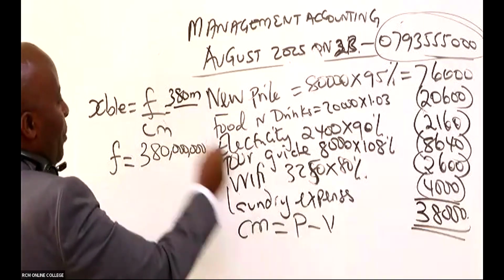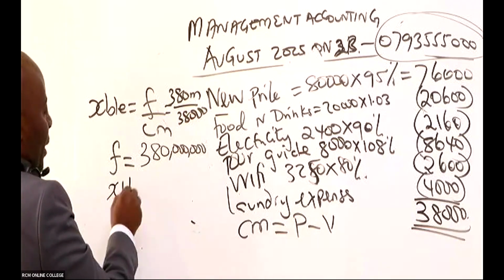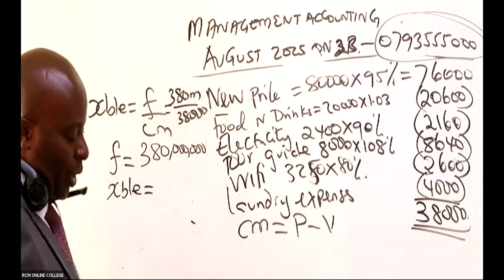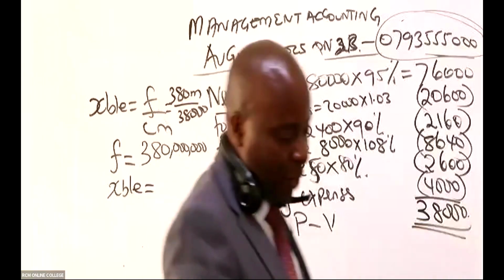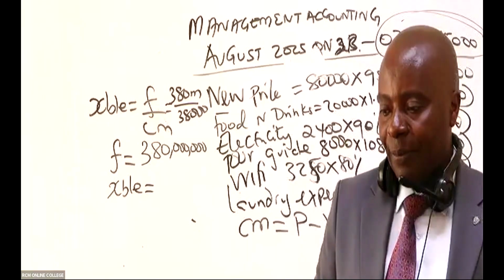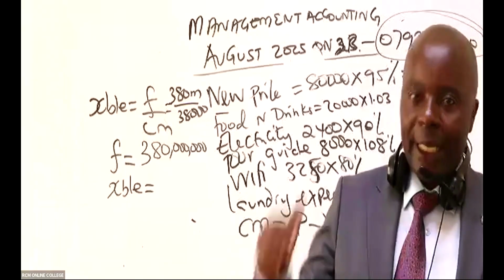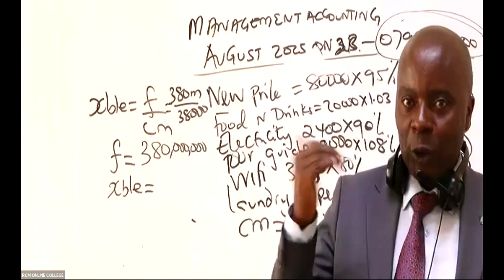Divided by our contribution margin of 38,000. In this case, X represents the number of guests. So how many guests do we need for this resort to break even? X break even, when we started this, I explained how to get X break even.